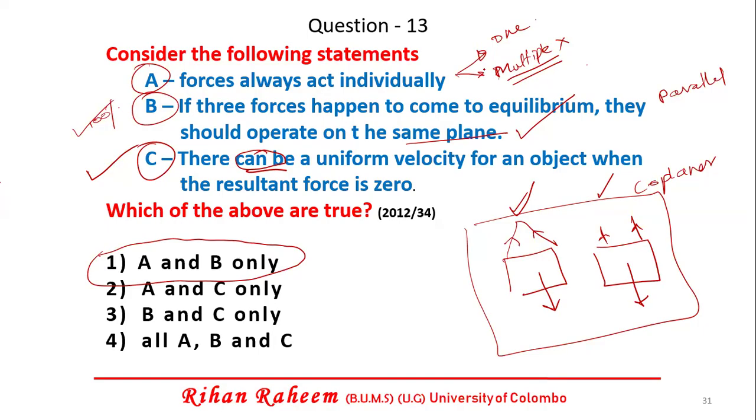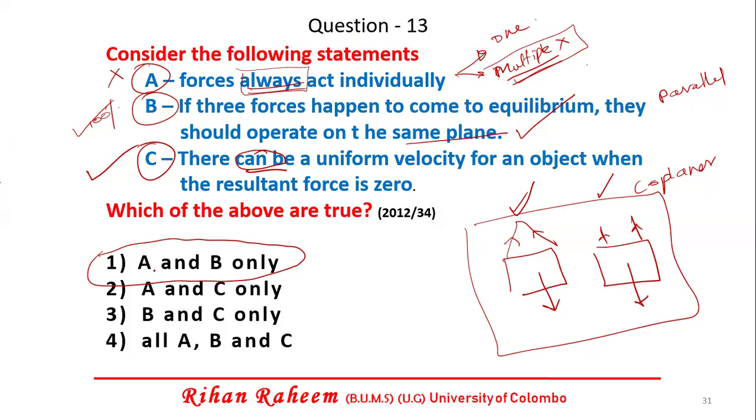Here they have put "always", no. If they put forces may act or can act individually, then okay, there are possibilities. But here they are saying always, it's not correct. So we are saying the first one is not 100% correct. It's correct, but partially, not for all the situations.